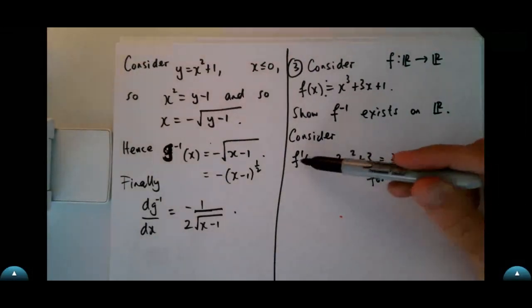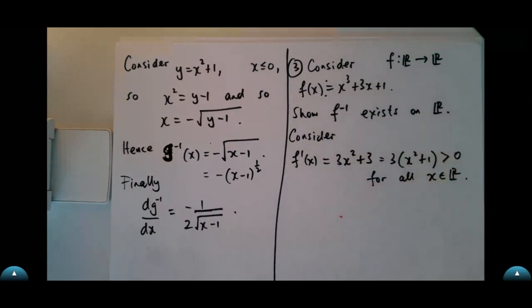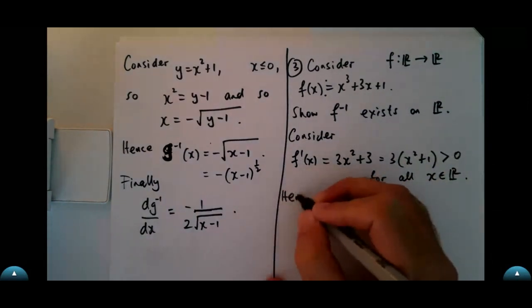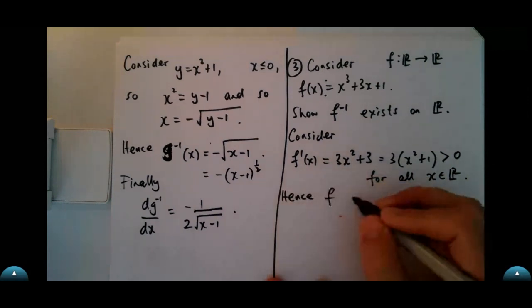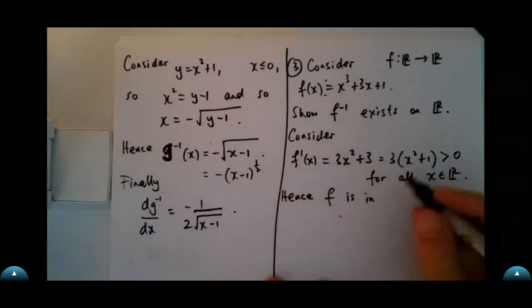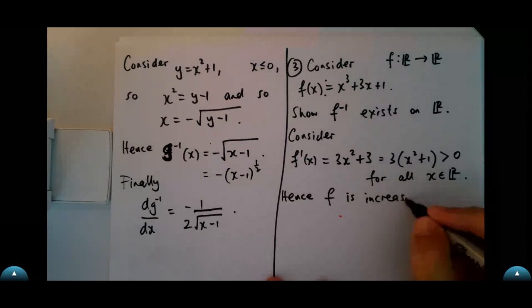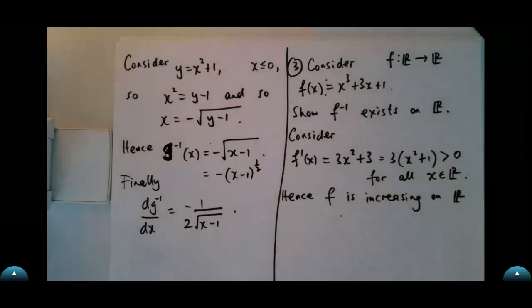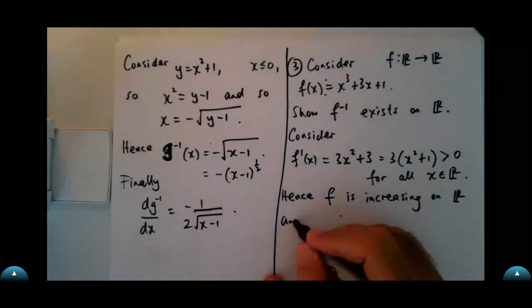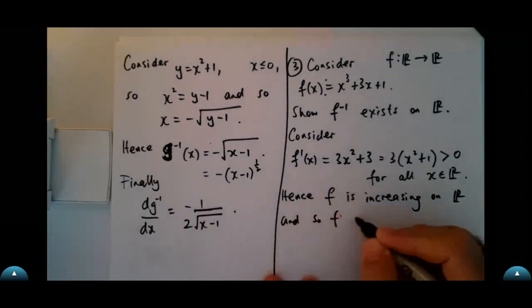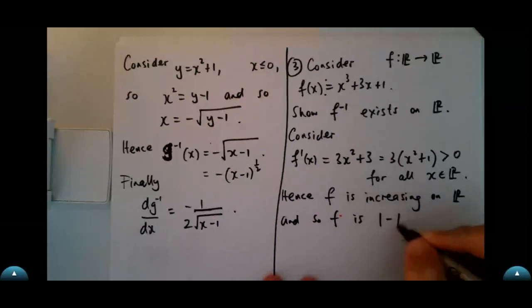So what can we say? That we've got a function whose derivative is positive, therefore the function must be increasing on this real line. And so f is 1-to-1.